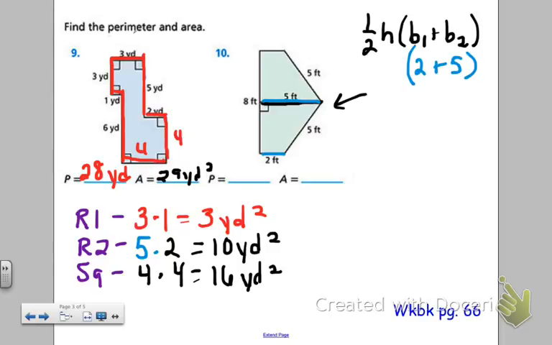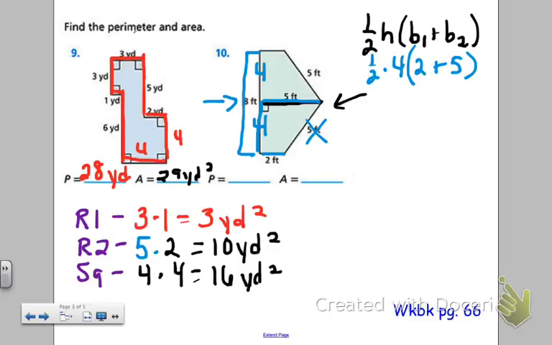And my height, well, now I need to know how tall this trapezoid is. Notice I'm not using the slanted side. I can see that this figure was divided right down the center. And if this whole height is 8, I know that if I divide it in the center, 4 must be the height of the top trapezoid and 4 must be the height of the bottom trapezoid.